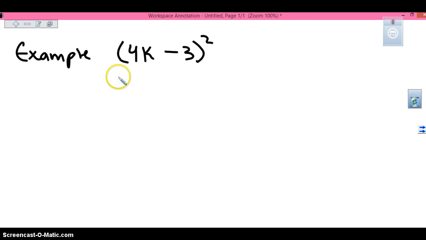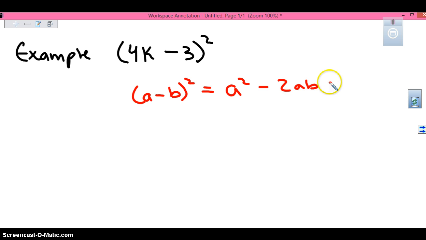If we try to find (4k minus 3) squared, we can use the square of a binomial to find this. Say (a minus b) squared is equal to a squared minus 2ab plus b squared. In this case, 4k would be a and 3 would be b. So a is equal to 4k and b is equal to 3.